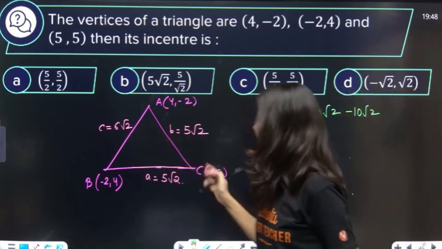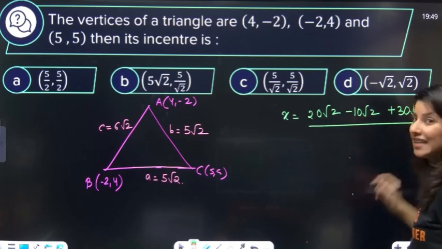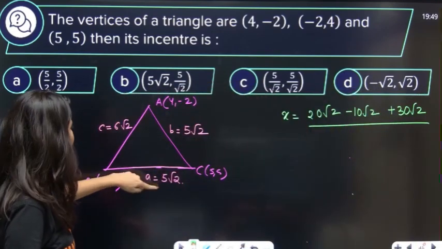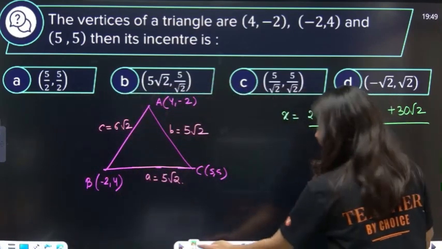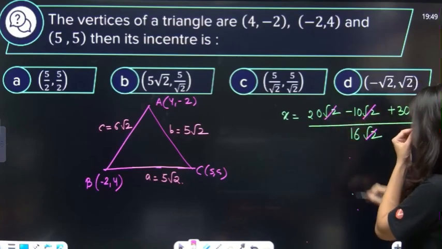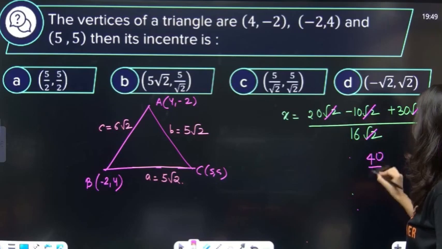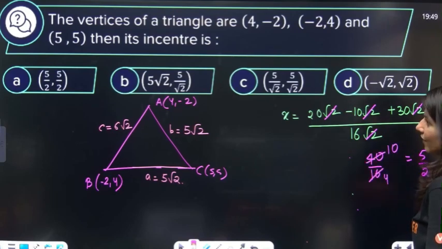And c x3, 6 fives are plus 30 root 2, whole upon a plus b plus c. a plus b plus c is 5 plus 5, 10, 10 plus 6 is 16 root 2. Now you can cancel it out quickly. Root 2 cancels. 20 minus 10 is 10, 10 plus 30 is 40 by 16. 4 4s are 16, 4 1s are 4, so 5 by 2. Everybody, 5 by 2.